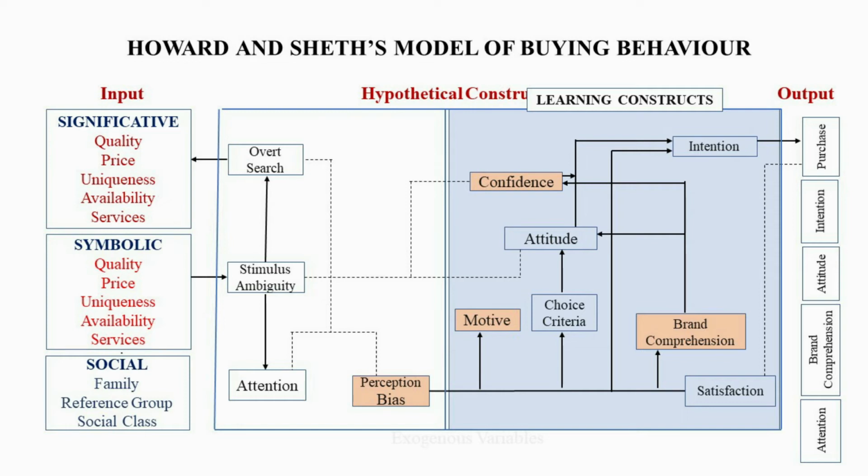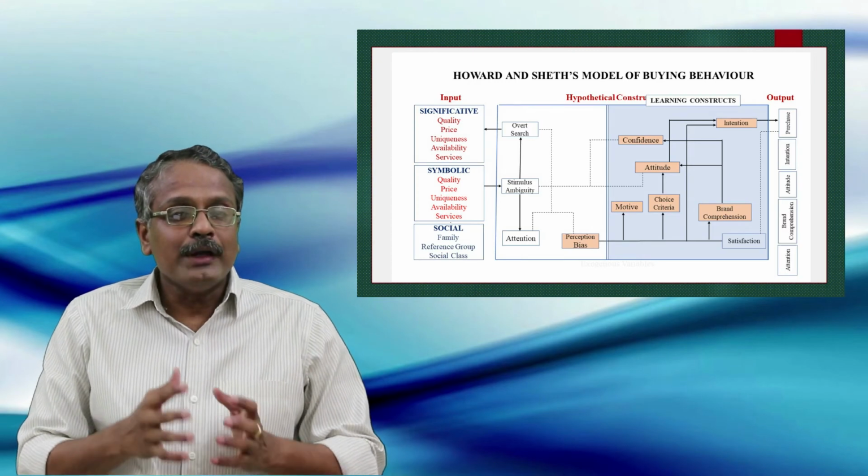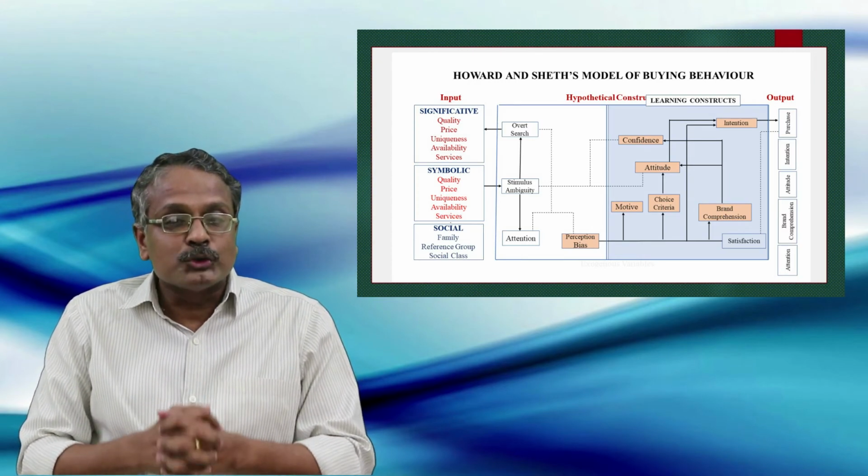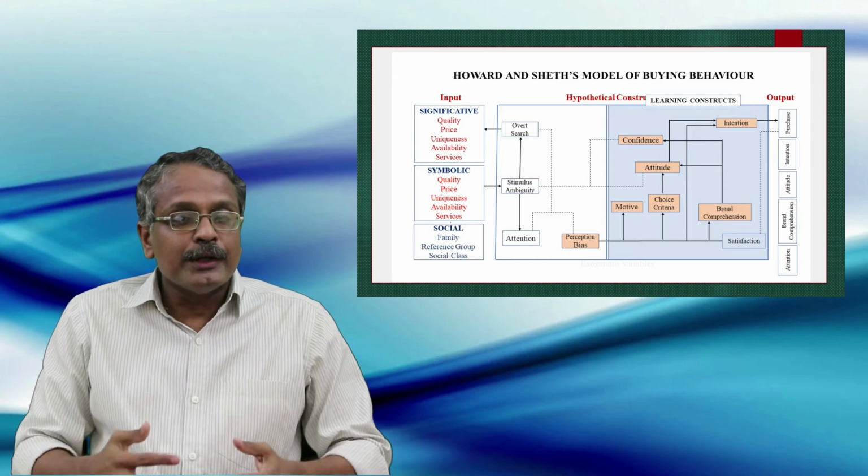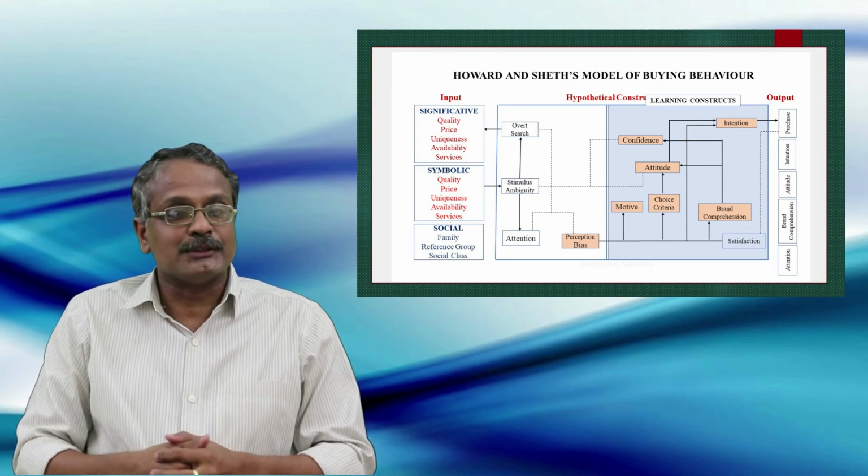Such consumers make a clear brand comprehension and develop an attitude towards the product and proceed with the purchase. Thus, the output under extensive problem solving may be different for different consumers.